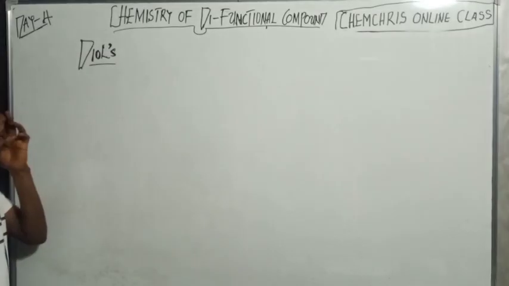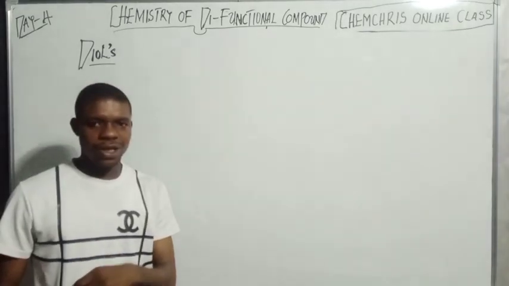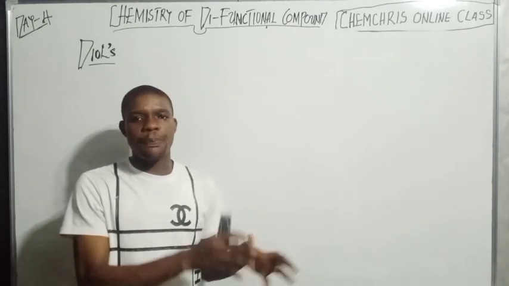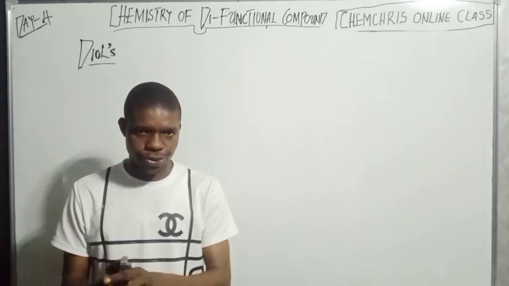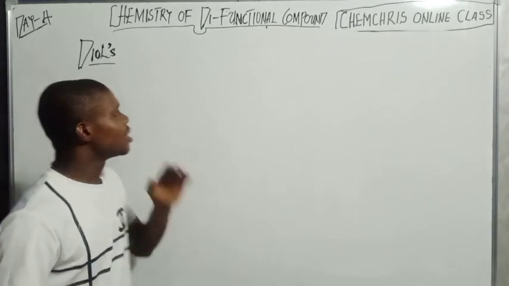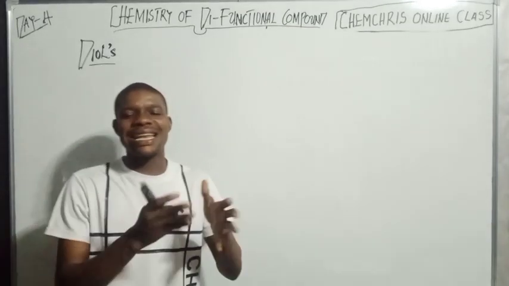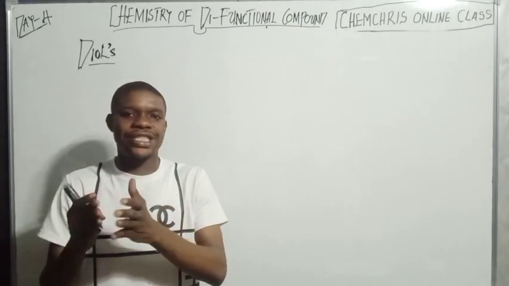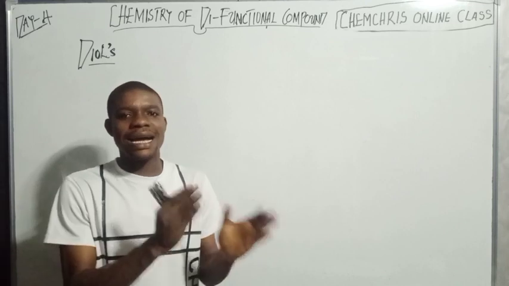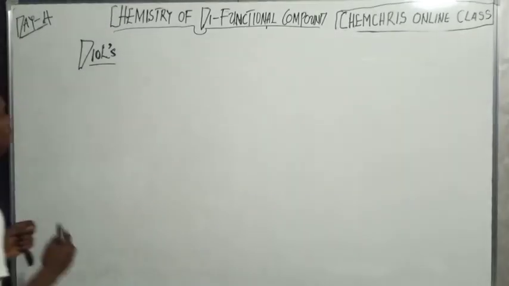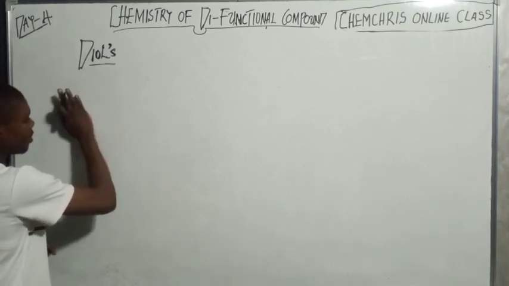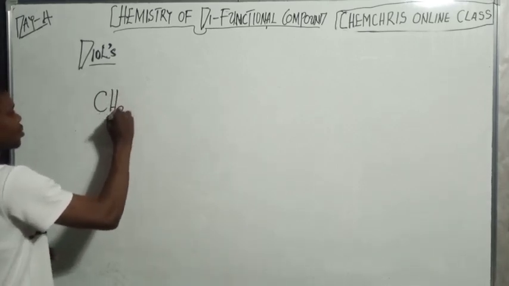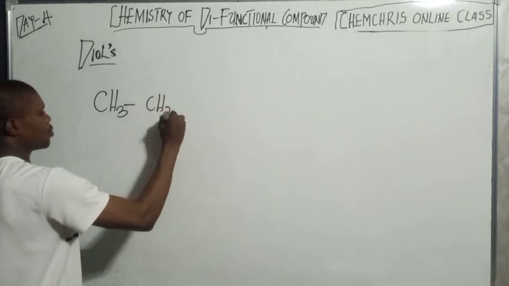So let's get started. First, what are diols? Diols are organic compounds that contain two hydroxyl groups, so their chemistry is similar to that of an alkanol. Maybe we have something like CH3CH2OH.